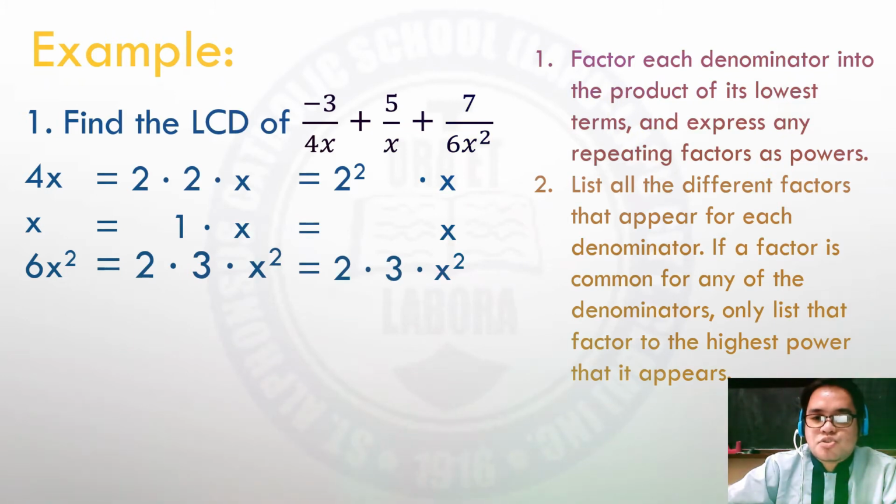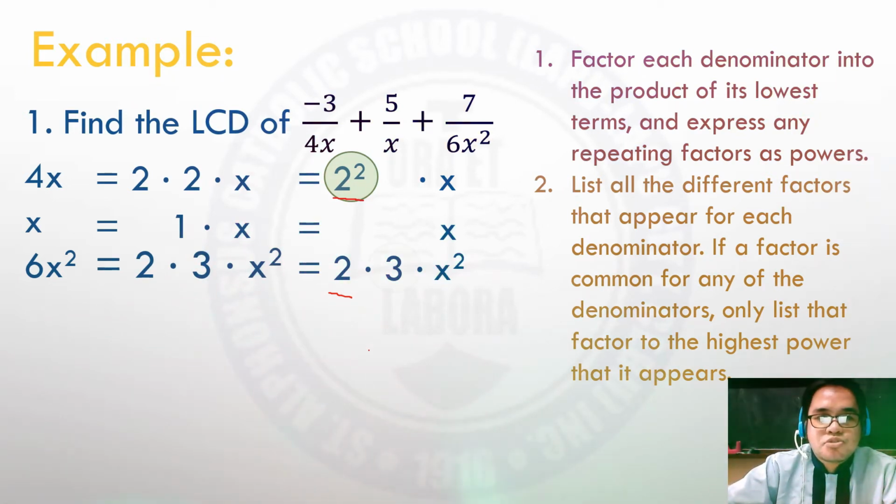According to the second rule, list all the different factors that appear for each denominator. If a factor is common for any of the denominators, only list that factor to the highest power that it appears. Meaning to say, we are going to consider the factors which are common. For example, 2 squared and 2 are the common factors. But 2 squared has the highest exponent than 2, so we are going to choose 2 squared instead of 2.